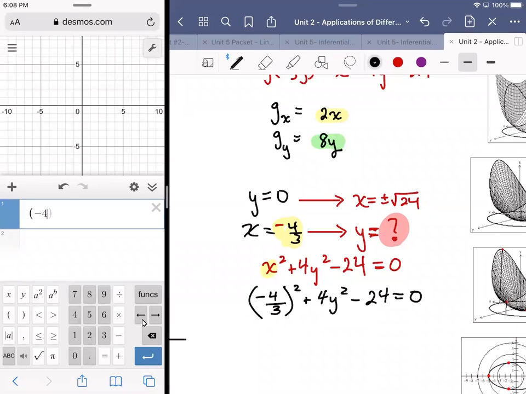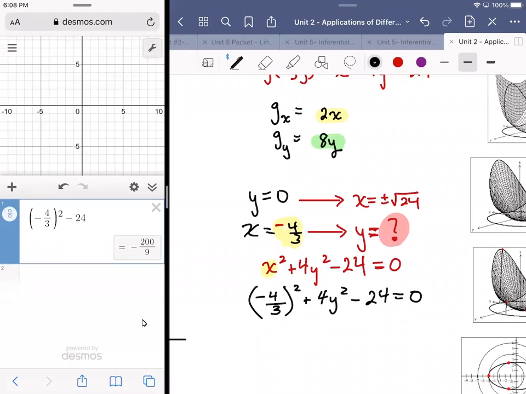I'm just not up for it at this point. I think it would be 216/9, but it's not important. So then I would add the 16, and I would get -200/9. So 4y squared minus 200/9 equals 0.